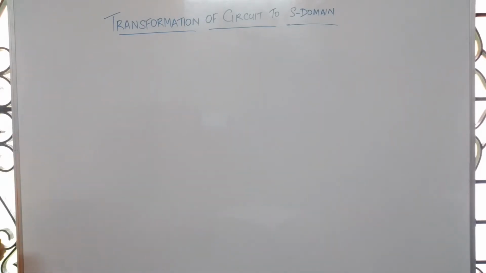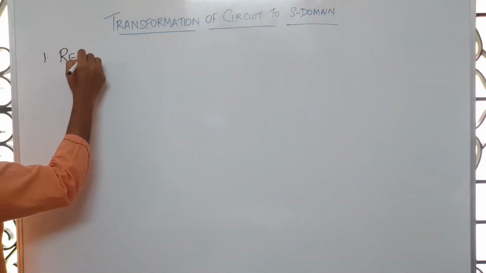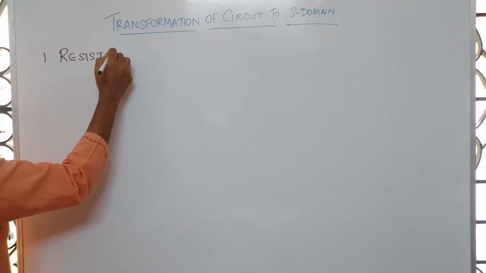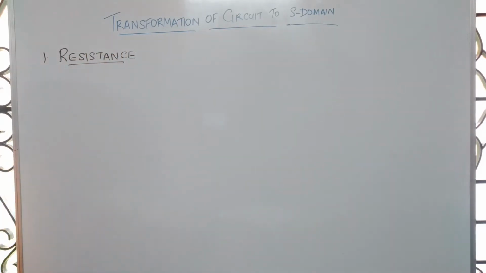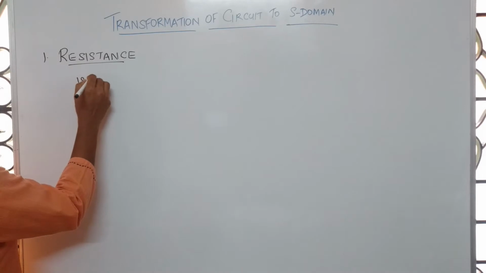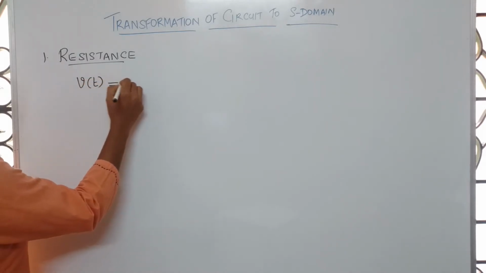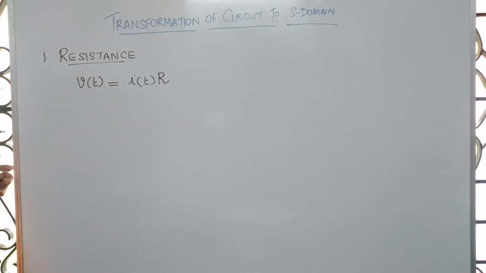First we'll see the resistor. The first one is resistance. The basic relation between voltage and current in a resistor is V of t equal to I of t into R, where R is a constant.